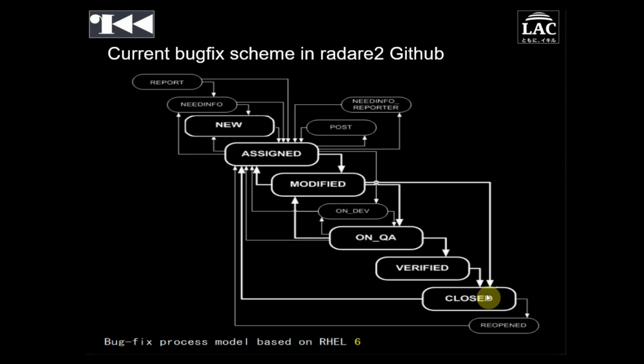But that can be reopened again to be assigned to another person, or modified by that person and going on to development once more, then QA verified, closed, and then merged into a fix. Well, this is actually the current bug fix scheme in Radare on GitHub.